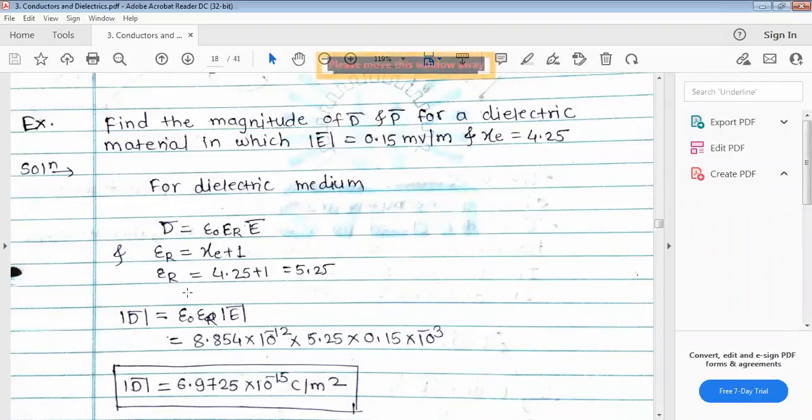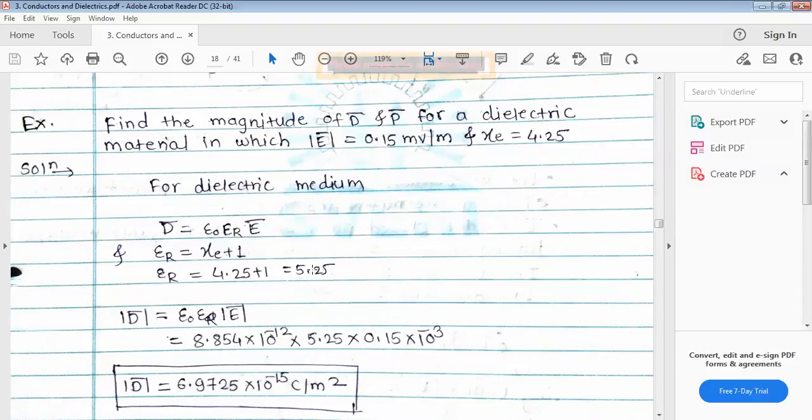Find epsilon R first, where Xc is given as 4.25, plus 1, so it is equal to 5.25. Now put all the terms in the equation of D bar.